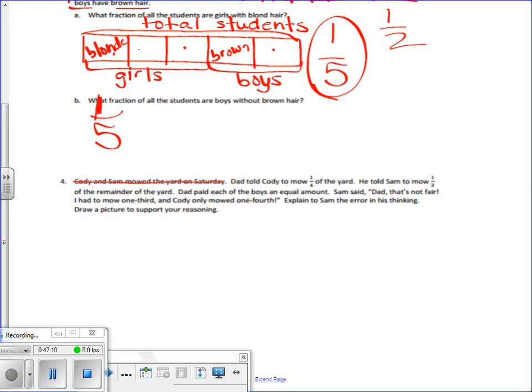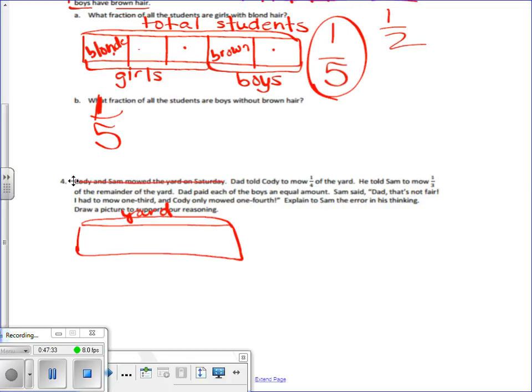So I'm going to have a tape diagram. The total thing, what is the total? Well, it's the yard. The whole thing is the yard. How many parts are there going to be? 4.